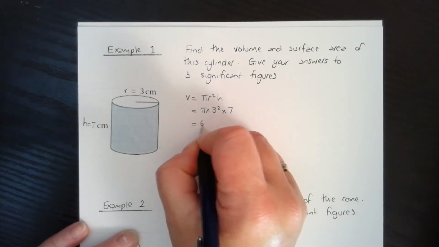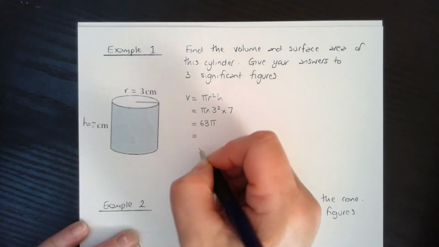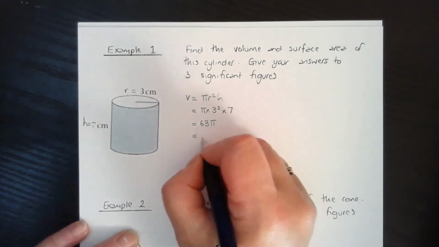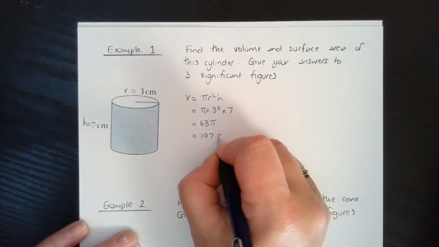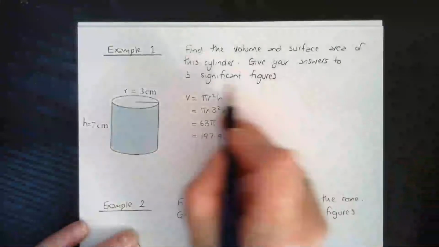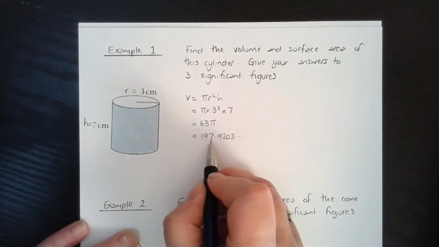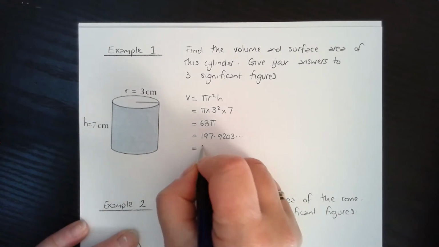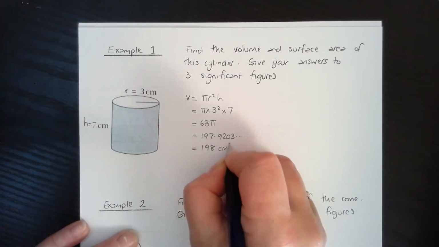That is 63 pi. Let your calculator do the rest of the hard work and we get 197.9203... which to 3 significant figures would be 198. And it's a volume, so it's cubic centimetres.